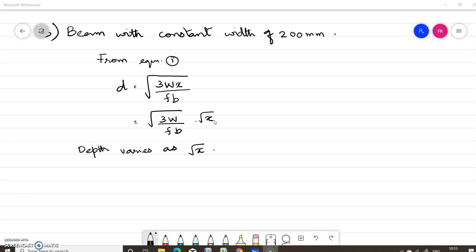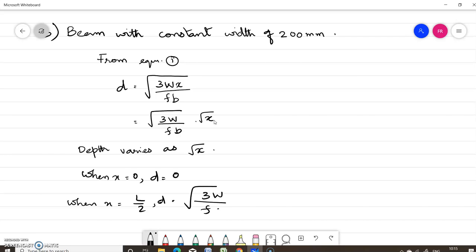So we can find out the value of depth when X equal to 0. When X equal to 0, the depth is equal to 0, and when X equal to L by 2, depth is equal to root of 3W by FB into root of L by 2.